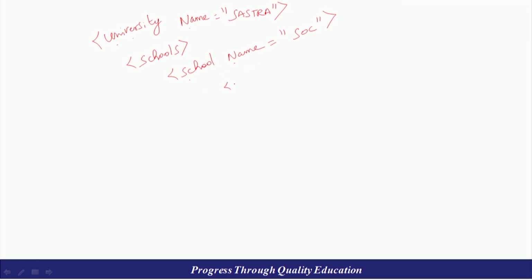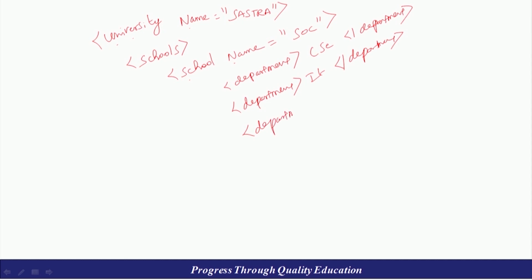I have department, CSE, slash department, and another department I am creating, slash department, and one more department I would like to have, computer applications, not chartered account.